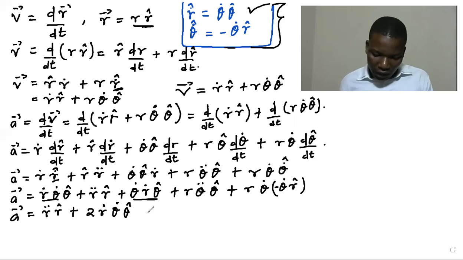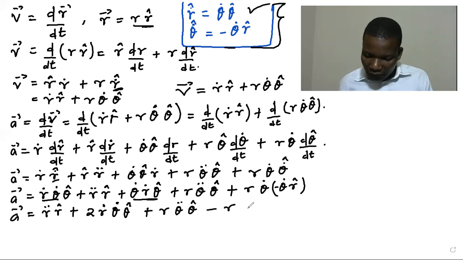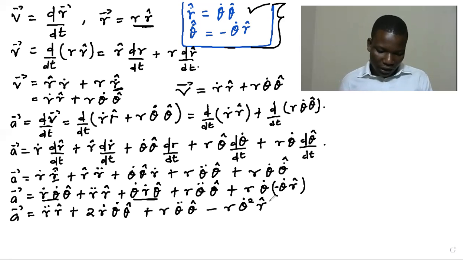And then we have plus R theta double dot, and this will be minus R, and then we have theta dot squared, and then a unit direction, like that.